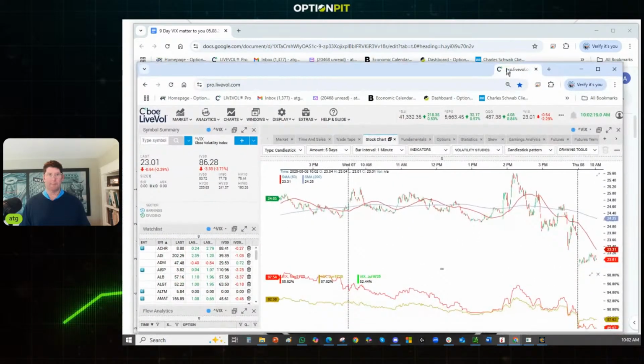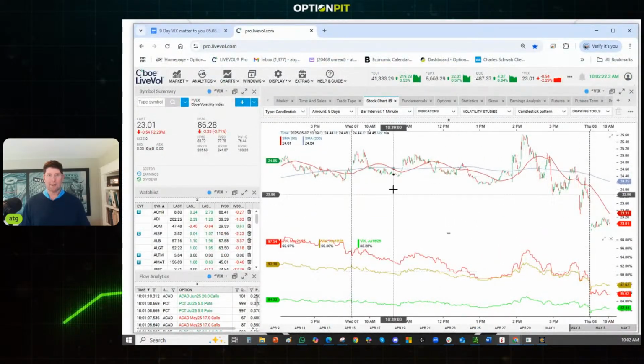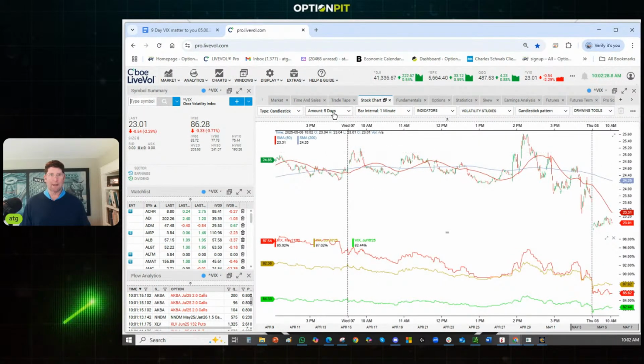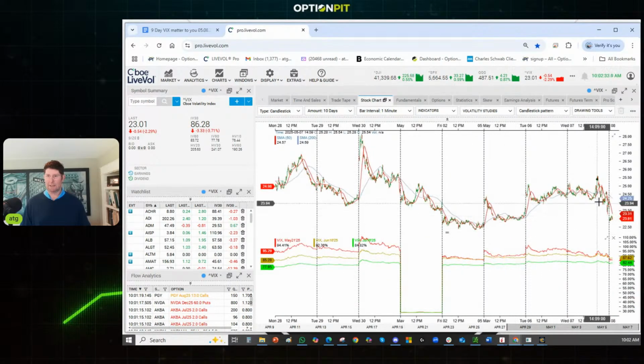Here's where we were at the beginning of the week. I'm just looking at VIX before we get to the 9-day. Here we are at the beginning of the week, the last 10 days. Today's Thursday, Wednesday, Tuesday, Monday low, Friday low.